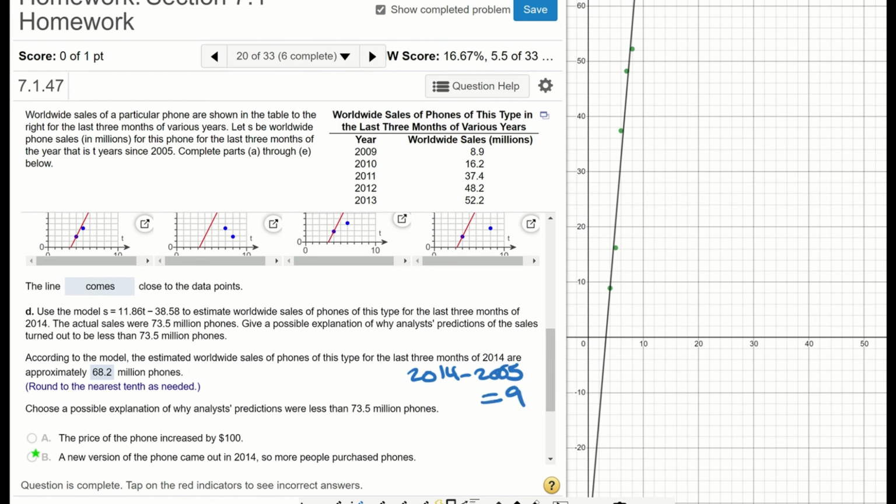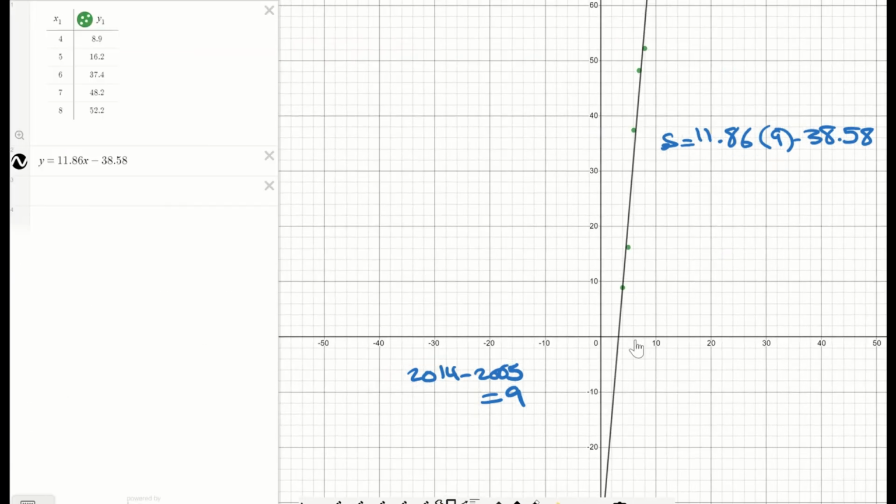So in your model, you're going to basically do 11.86. So the S value corresponding to T equals 9 is going to be 11.86 times 9 minus 38.58. Okay? So again, please be doing this along with me and this will become very easy for you.